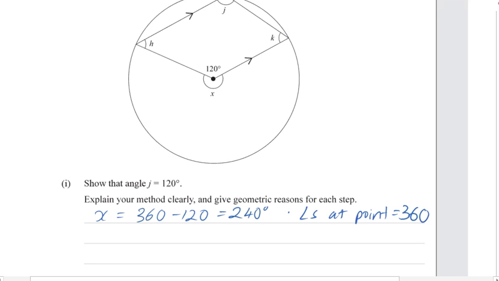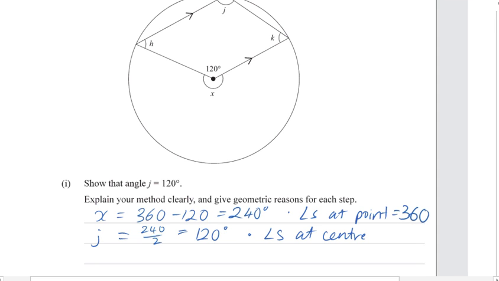Our next one that we're looking for is J, and J is going to be 240 divided by 2, which is 120. And what's our reason for this one? That's angles at centre. The angle at the centre of a circle is always double the angle at the outside.